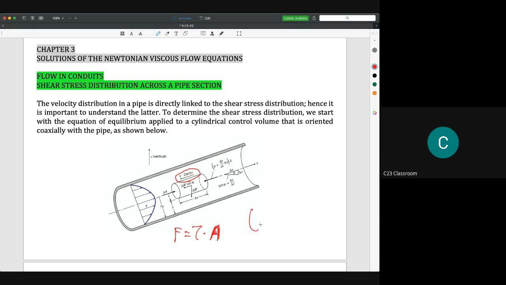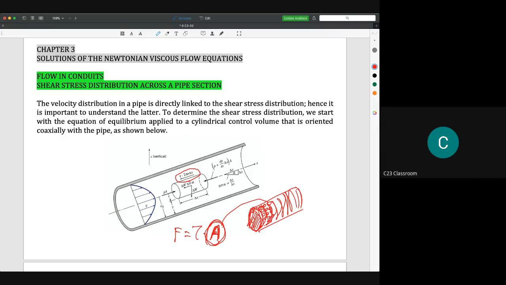For example, with an element of cylinder like this one, on the surface there are a lot of molecules that have shear stress. So the A here is the area of this surface. Please do not make a mistake: the A here is not the cross-sectional area of the cylinder, it is the surface of shear stress.